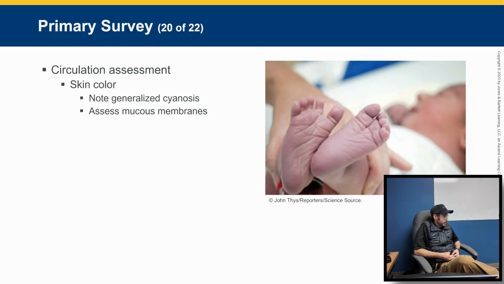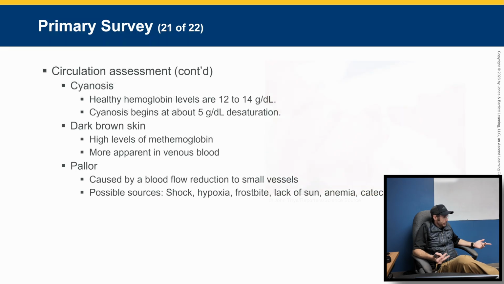Which one is worse, having some cyanosis in the fingers and the feet, or having generalized cyanosis? If you have a dark brown pigment to the skin, that is a sign of methemoglobin being present.